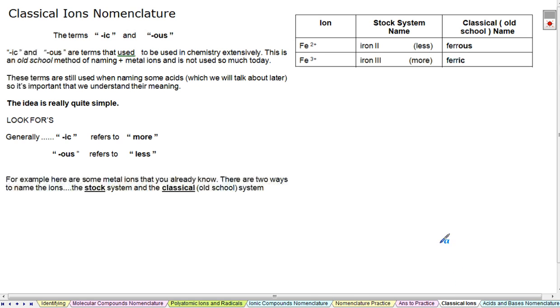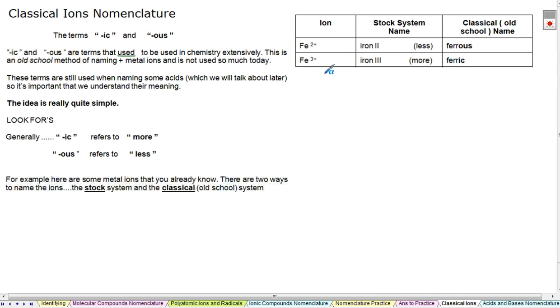So back in the good old days, before it was understood that some ions could actually have more than 2 different charges, there was a method of naming where we use the endings "ic" and "us." And this is typically used with acids now, with the oxo acids, but we'll get into that a little bit later. But what we have here is an example of iron.